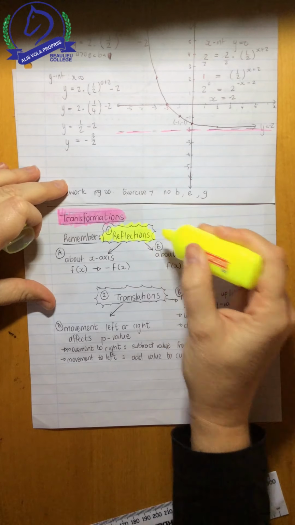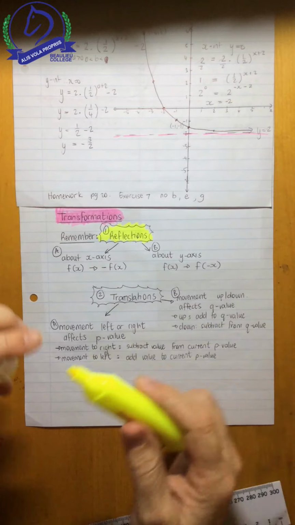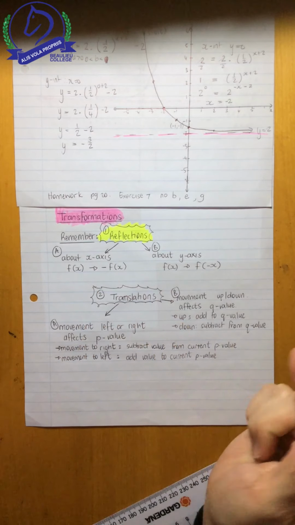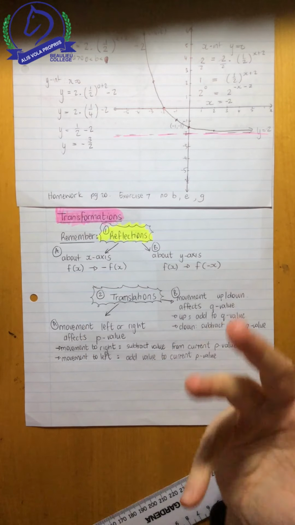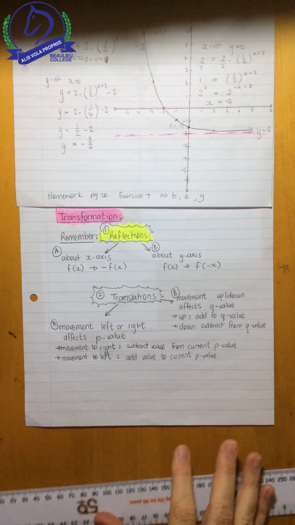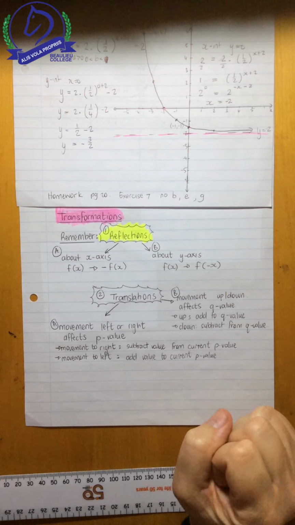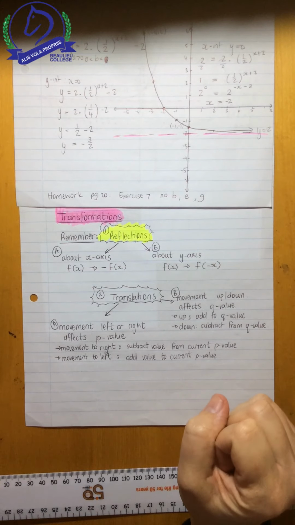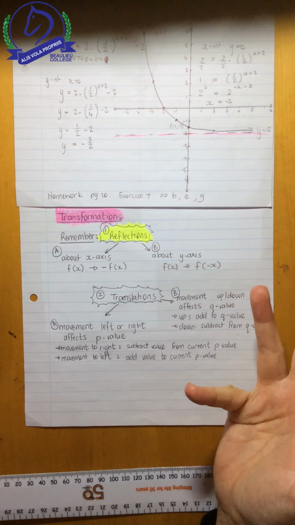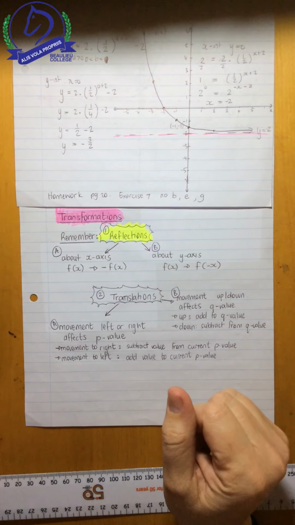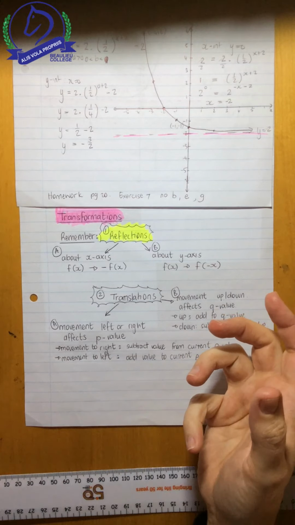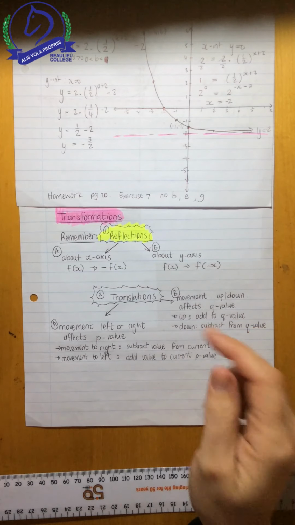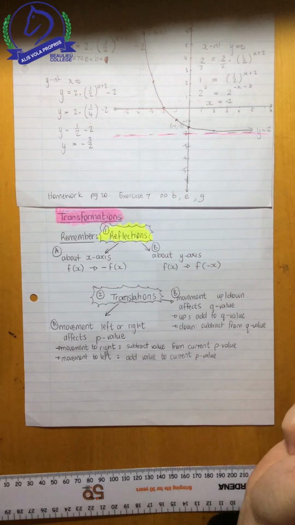What happens with reflection? If it's reflected about the x-axis, as I said previously, remember this by thinking about a relationship status. If we're happy together, we have the same friends. But if we break up, everyone is affected because they have to choose whose side they're going to take.